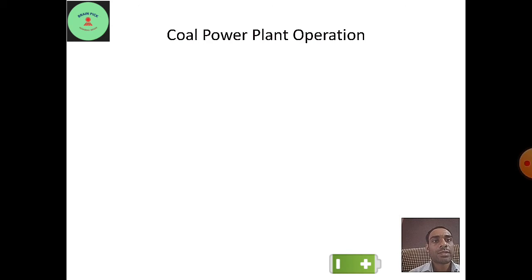That steam energy is given to the steam turbine, which converts steam energy into mechanical energy. After that, the mechanical energy is given to the alternator, which converts it into electrical energy, so that we have electric power.